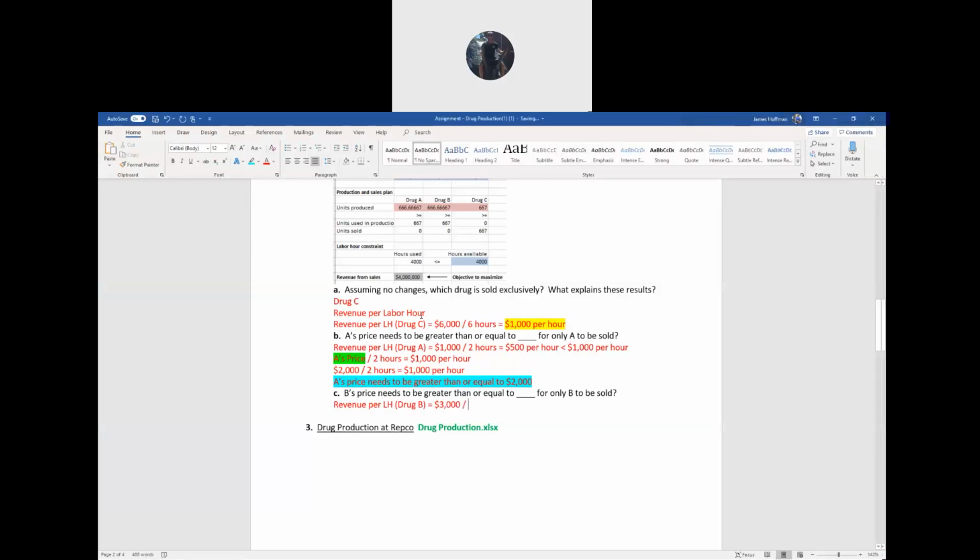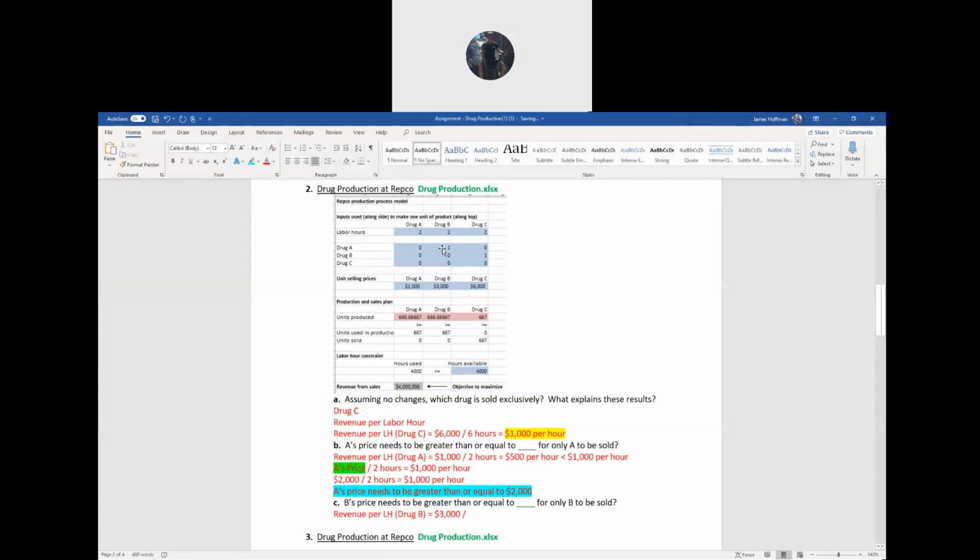It takes one drug A, which takes 2 hours, and then 2 more hours to make a drug B. So 2 plus 2 is 4 hours to make a drug B.